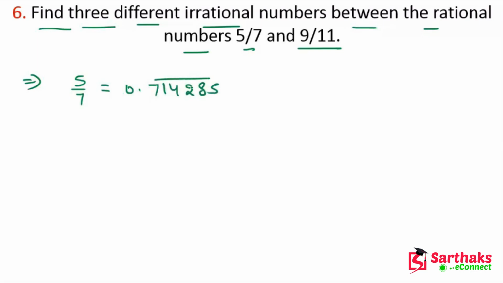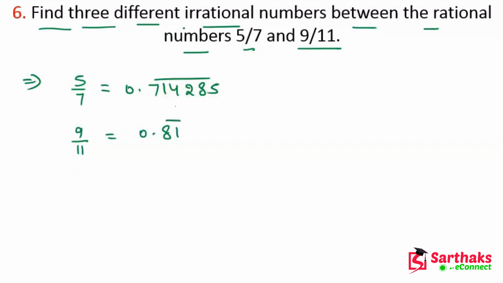This is not terminating but repeating. Now the decimal expansion of 9 upon 11 is 0.81 bar. These are the rational numbers.